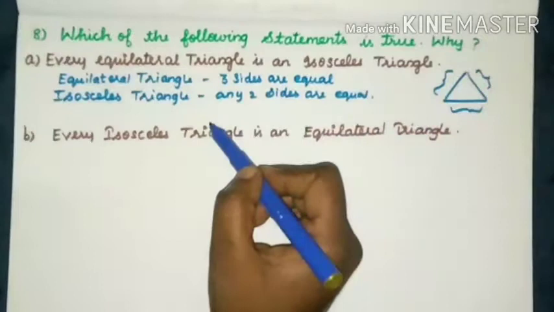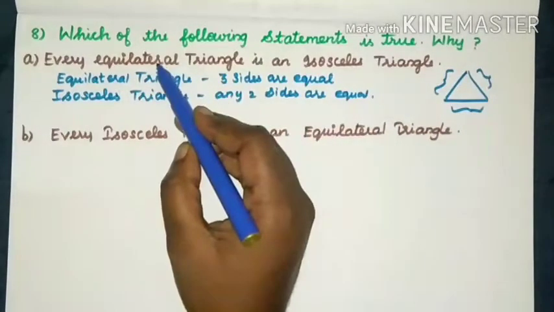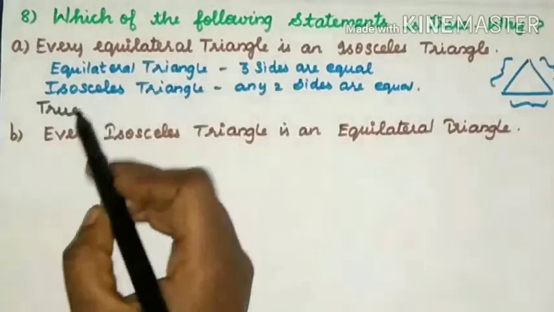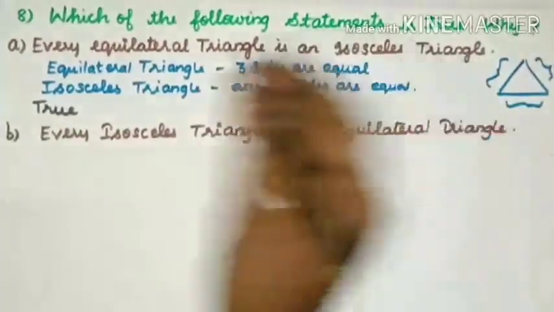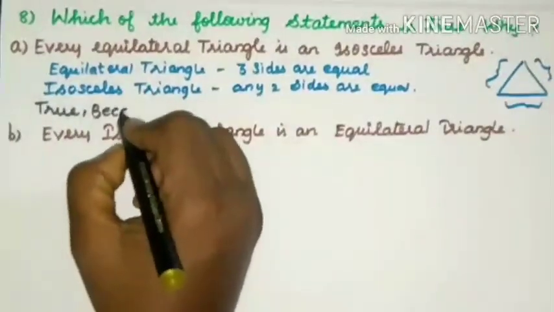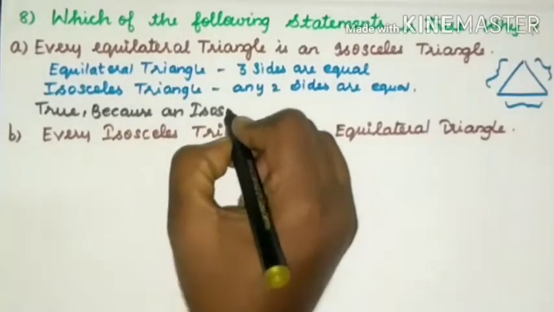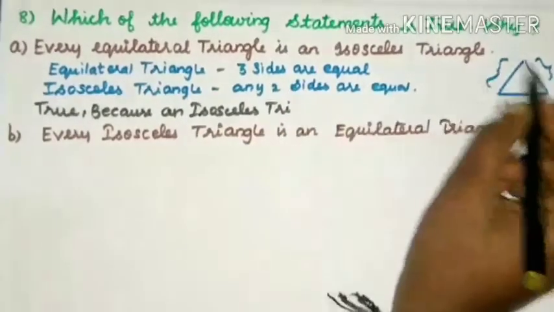Therefore, isosceles triangle need not have three equal sides. So, it satisfies the statement. The given statement is true. Every equilateral triangle is an isosceles triangle because an isosceles triangle need not have three equal sides.